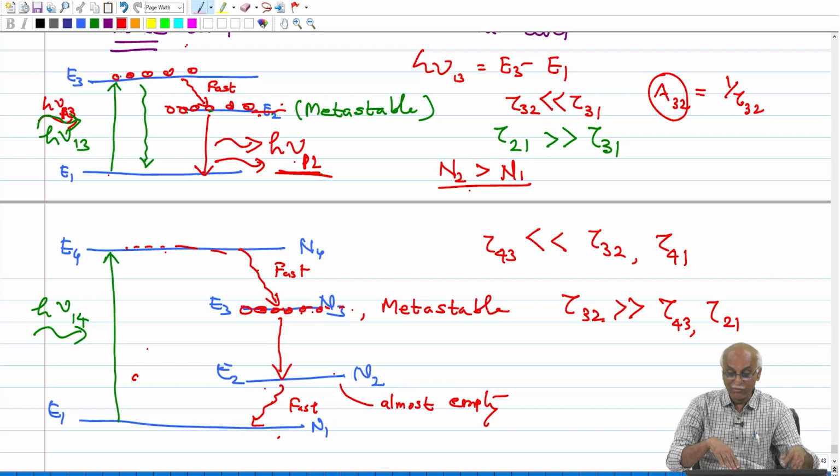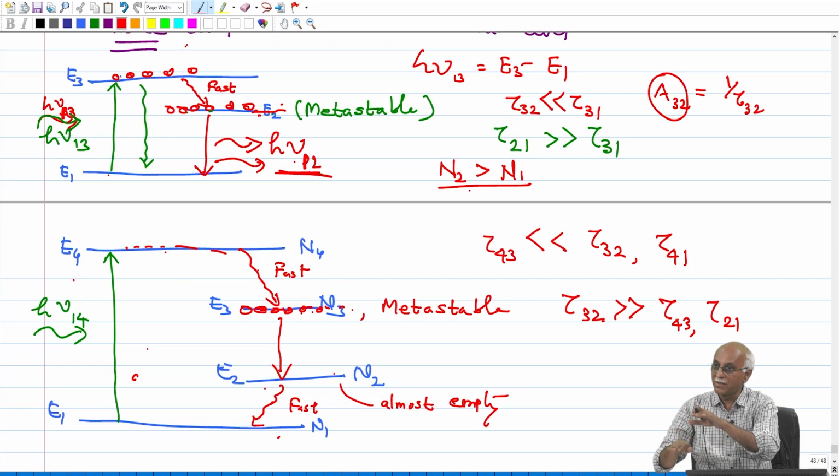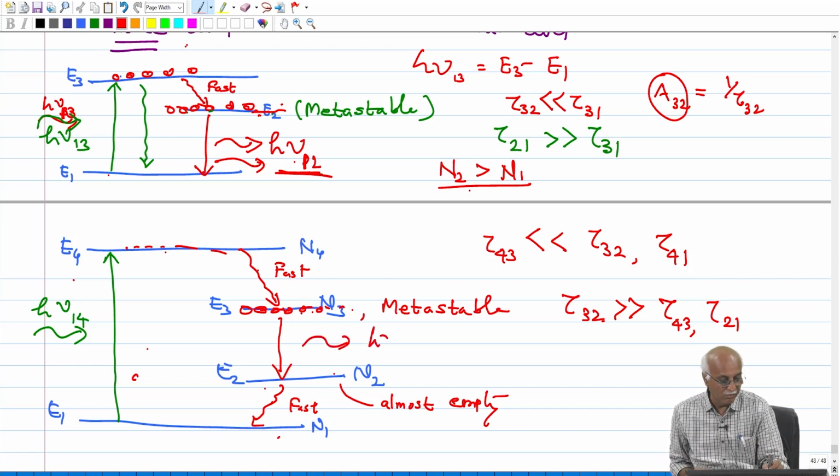But in the 4 level system which is described here, level 3 can be just populated and it will compete against an empty level 2. So, population inversion is very easy to achieve over here, okay. So, amplification with h nu 23 will be the output, right, frequency.